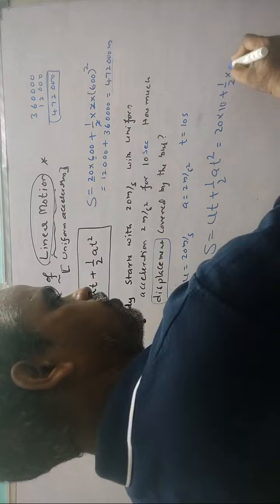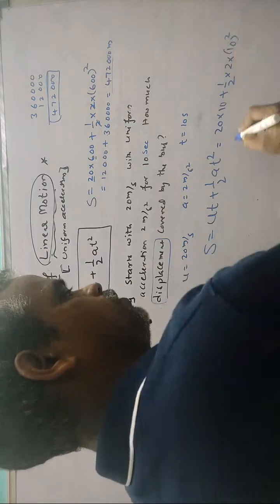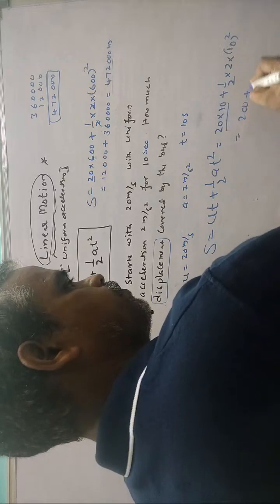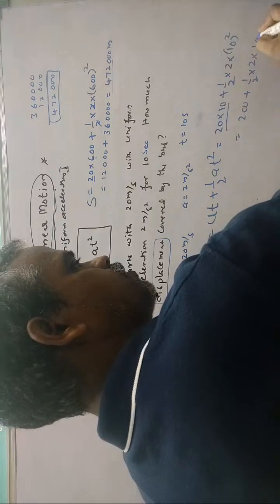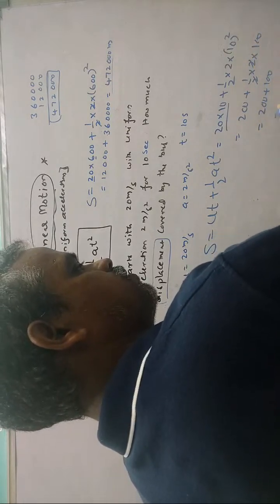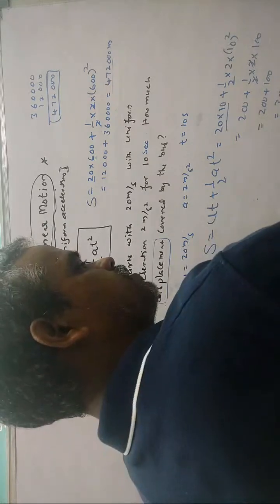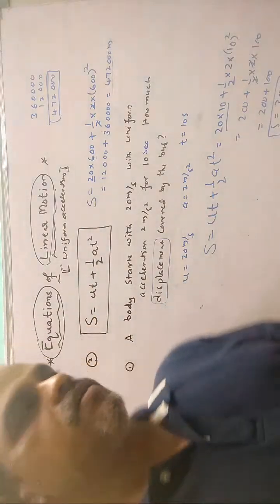Now half into a, 2, t square, 10 whole square. 200 plus 2 into 100, 2 cuts, 200 plus 100, 300 meter. You will get 300 meter. Very nice.